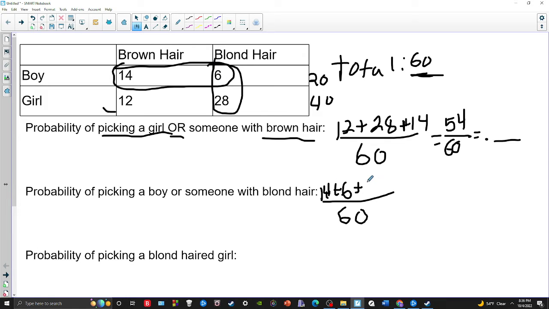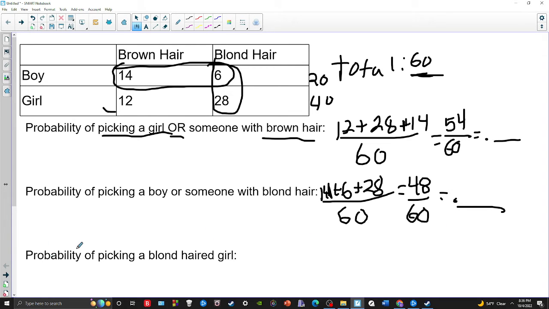I already counted the 6, so it's just going to be plus 28, which gives me 48 out of 60. And whatever that decimal is, that's my answer for that one. Again, total on the bottom, the numbers that fit your categories on top, get it down to a single fraction, and there's your answer. Okay? The only tricky part about this is the and.